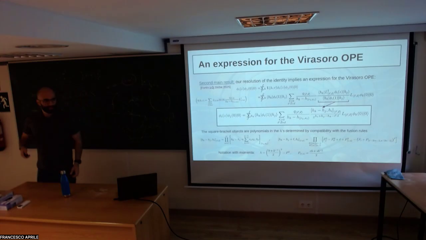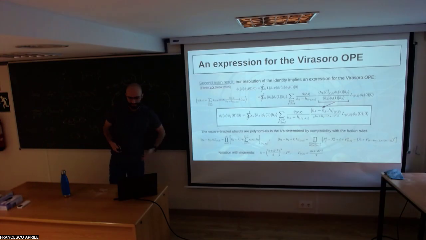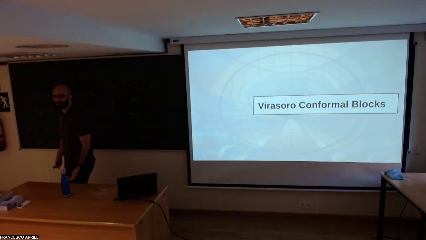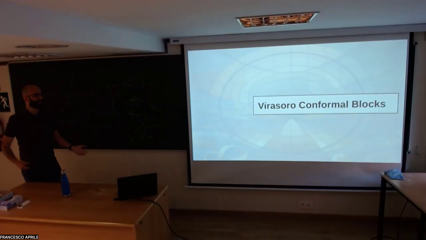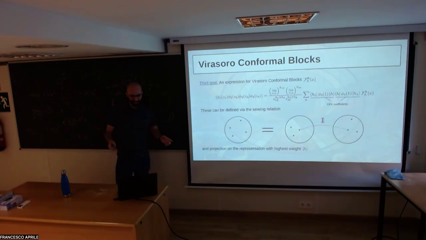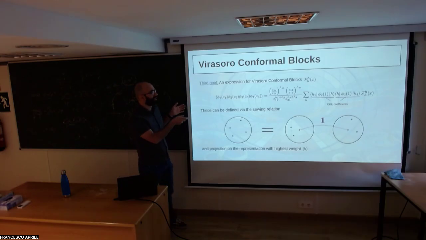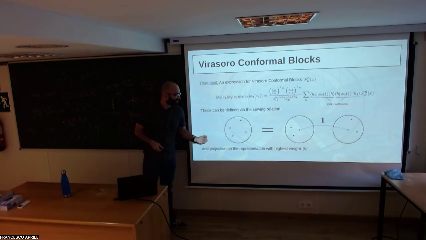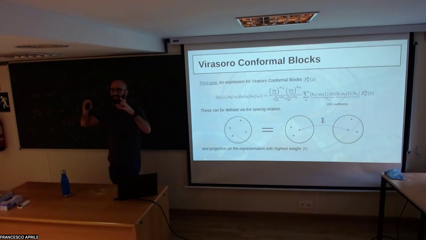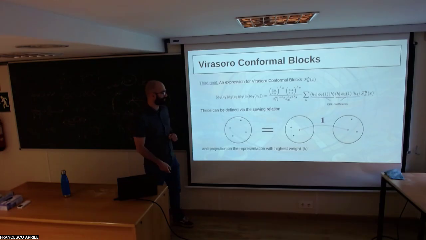Okay, so having determined the Virasoro OPE, let's make one step further and determine some expression for Virasoro conformal blocks, which are known to be very hard in the literature. What are these objects first? A couple of words. Virasoro conformal blocks are nothing but contributions of a reorganization of a correlator in terms of all the possible representations that you can exchange in an operator product expansion.